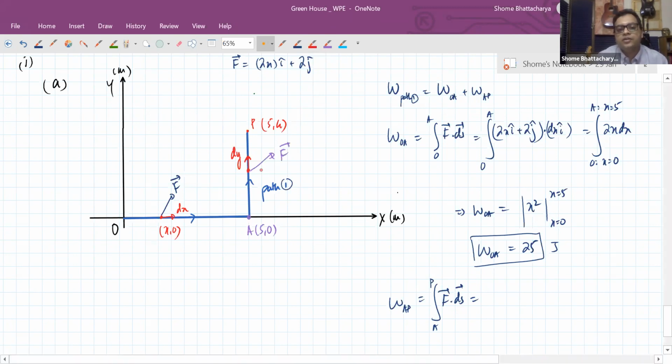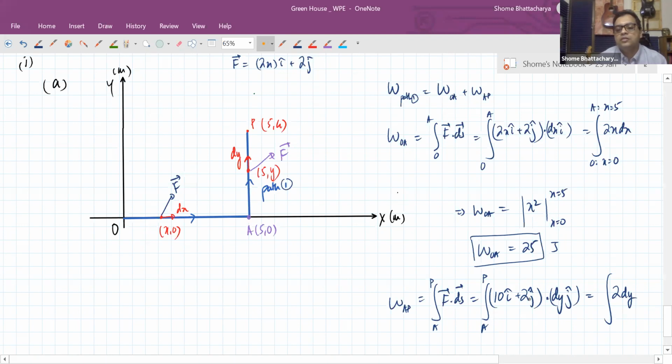Now at such a point, your x coordinate is fixed at 5 and your y coordinate is variable going from 0 to 4. So this F dot ds will just become, since your x coordinate is fixed, the x component of force is 10 because it's 2x. Dot product with dy j cap going from A to the point P. This dot product will just give you 2 dy.